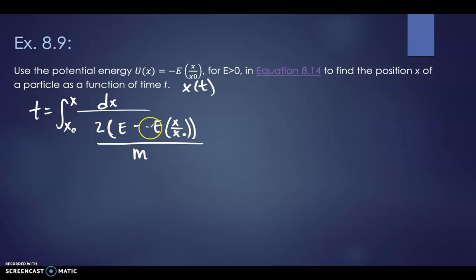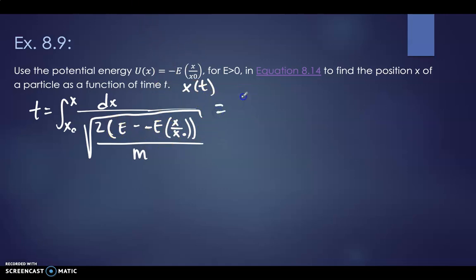Yes. Okay. And this is going to be in a square root.